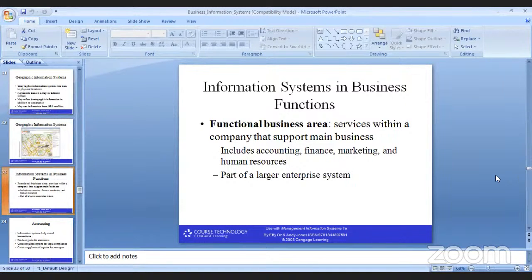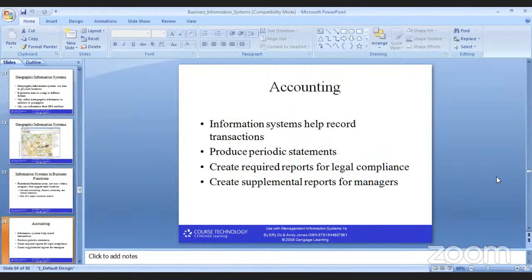So to start with the first one, the information system in accounting. Accounting information systems help record transactions.